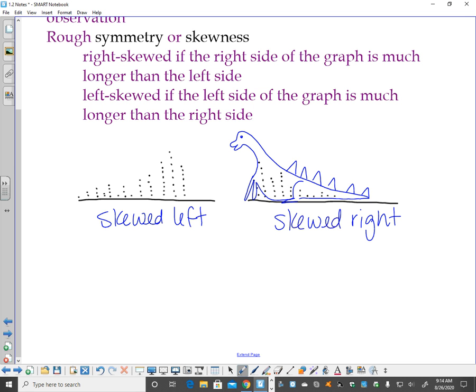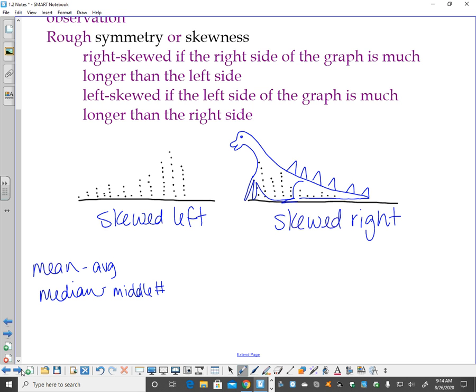Okay, now when it's skewed, I want to talk about the relationship between the mean and the median. The mean is the average. The median is the middle number. When you think about the median, I want you to think about where could you put your finger underneath to balance it.